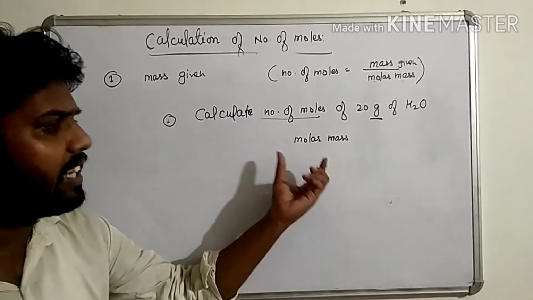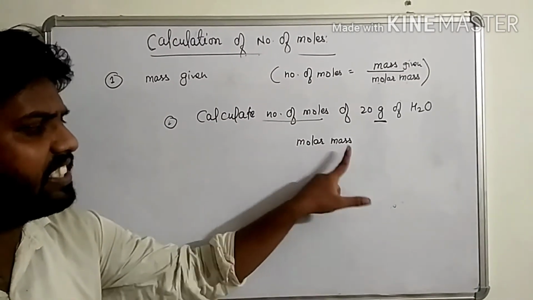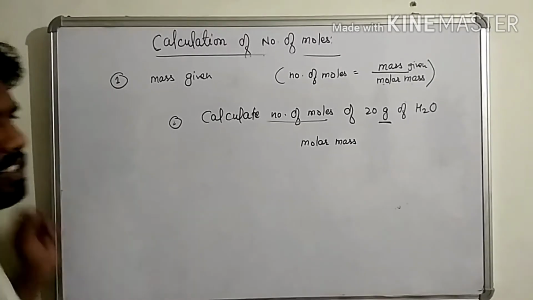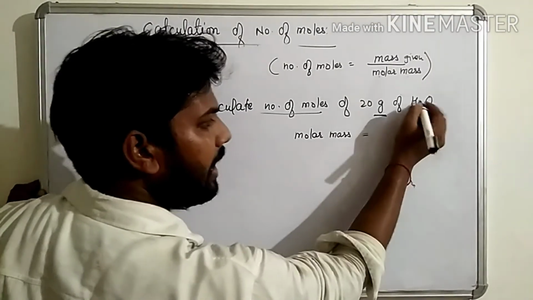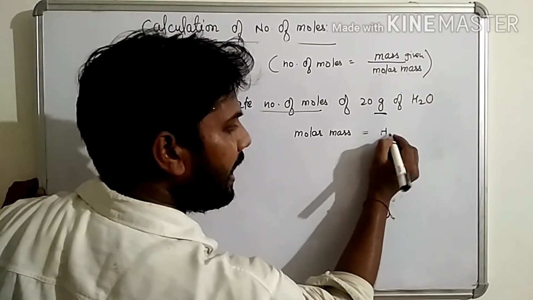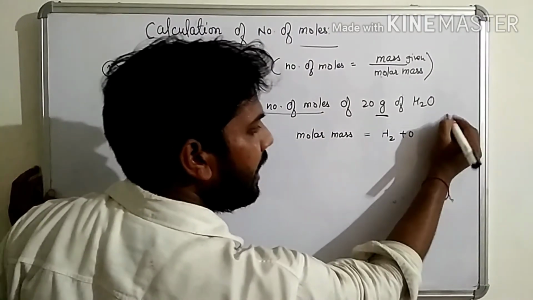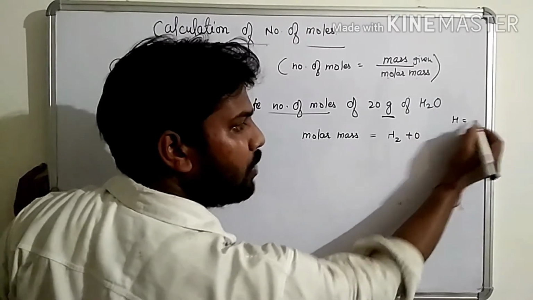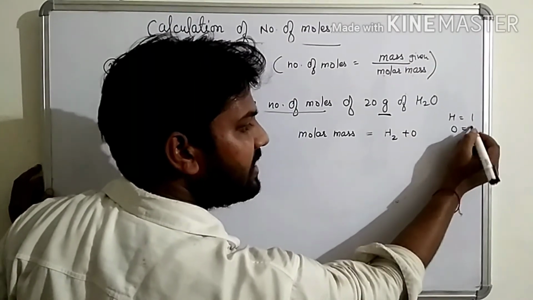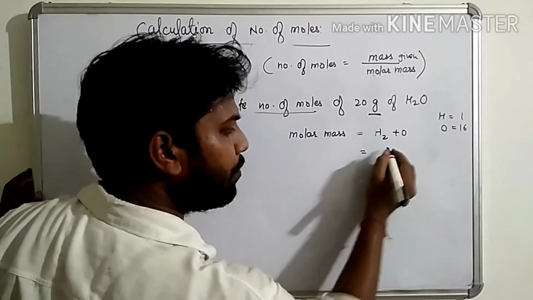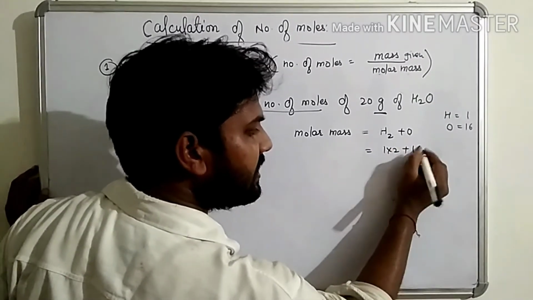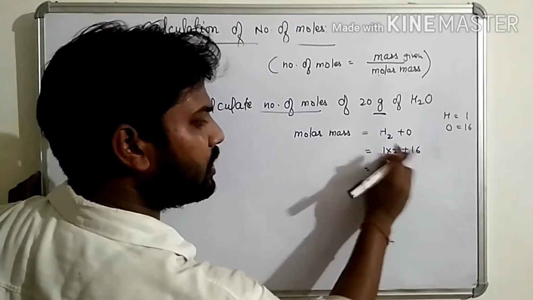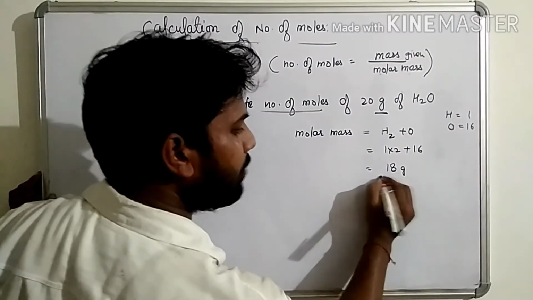So the molar mass of H2O will be H2 plus O. Atomic mass of hydrogen is 1, oxygen is 16. So 1 into 2 plus oxygen 16, that is 18.